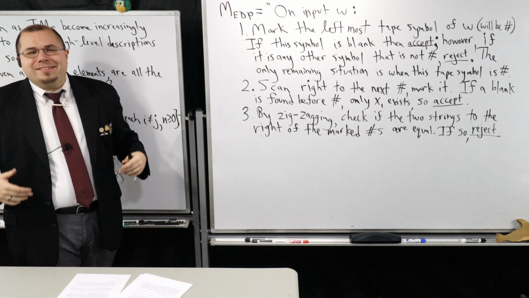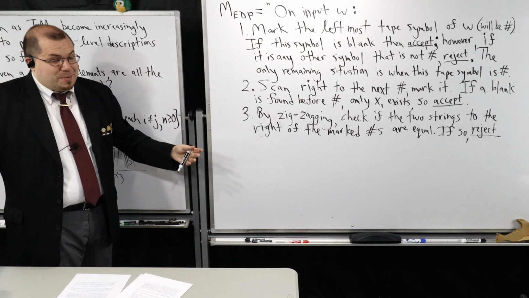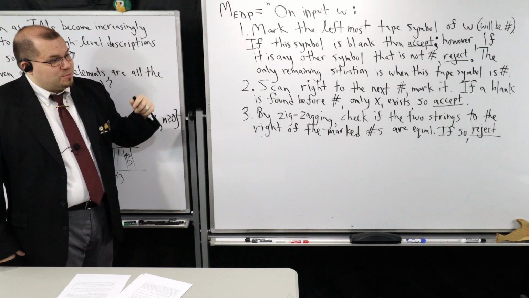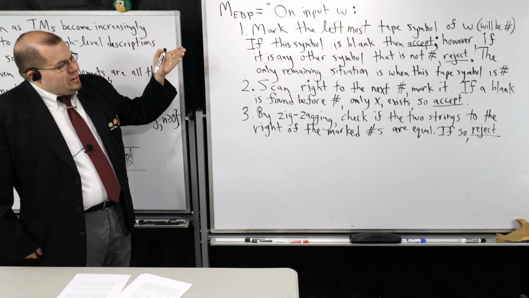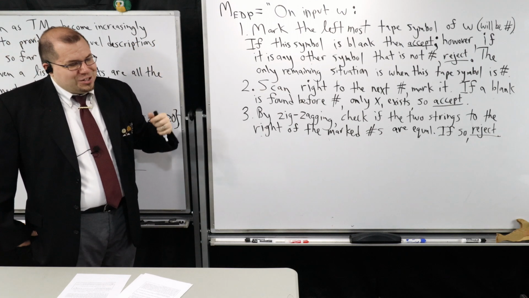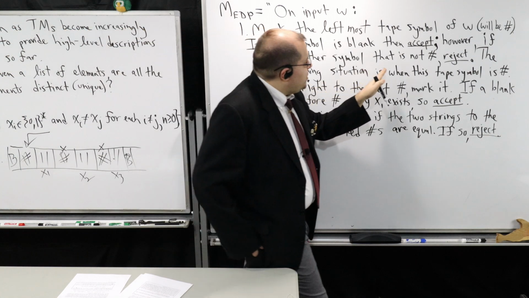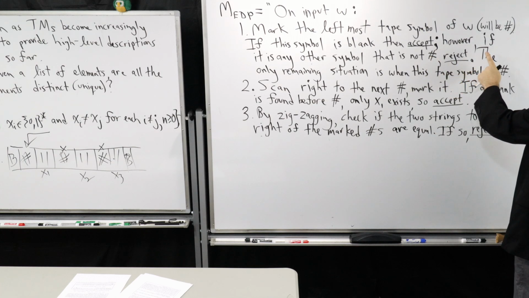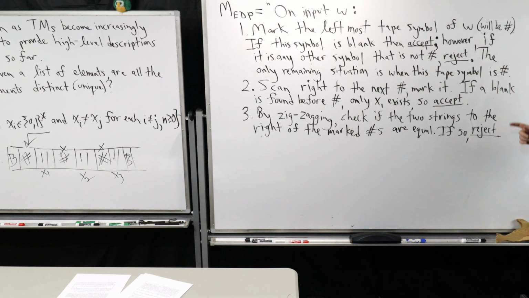But my point is that if it doesn't fit the form of the language, and we're expecting the number signs or zeros and ones, which are our input symbols, by the way, then most certainly we shouldn't accept it, right? So we reject if the first symbol we read is not the number sign. That means that whatever we have left, we can guarantee that the tape symbol, when we first read it, is most certainly going to be that number sign.